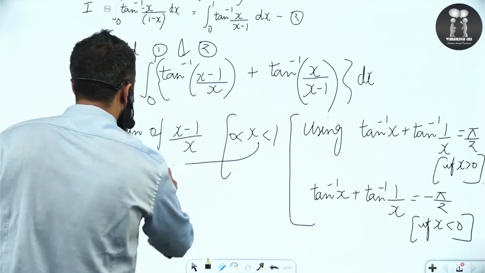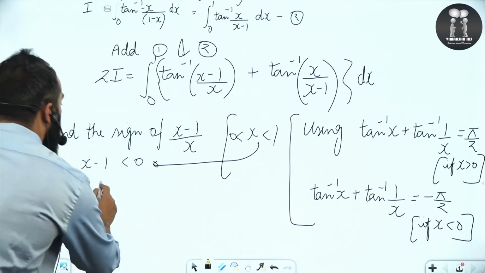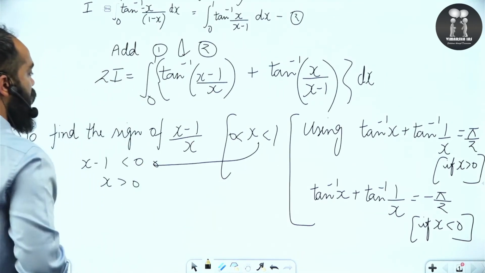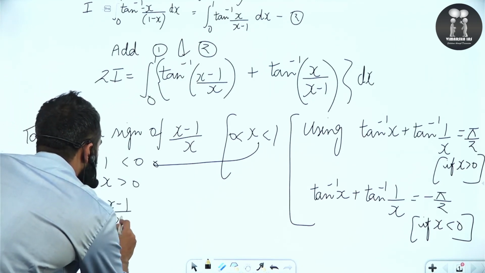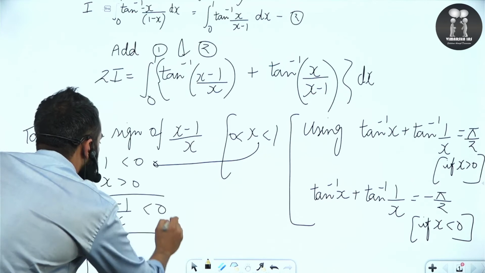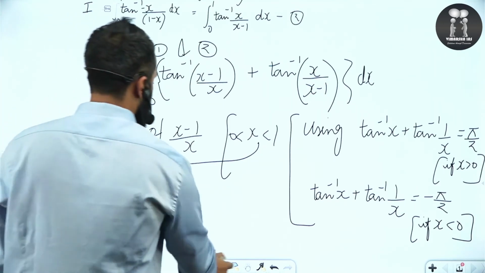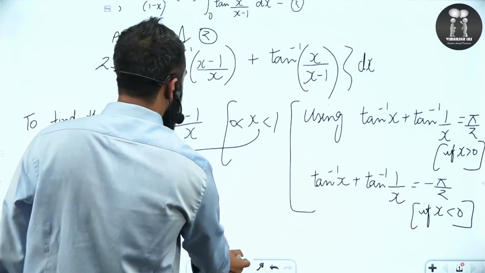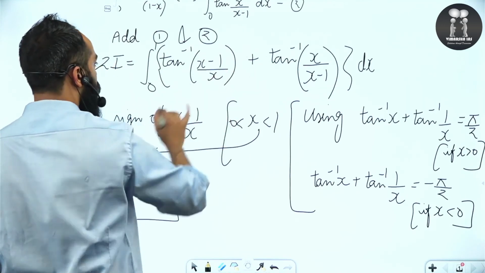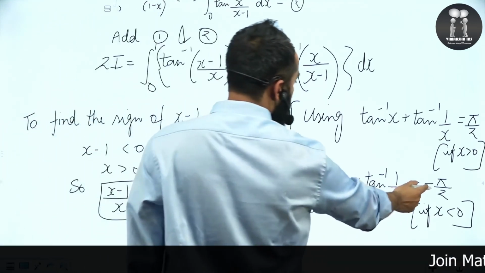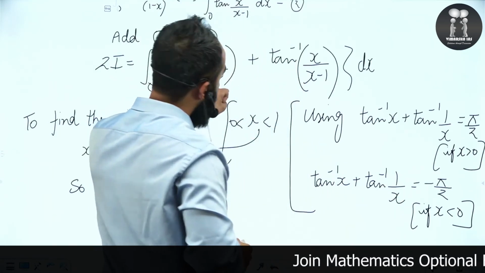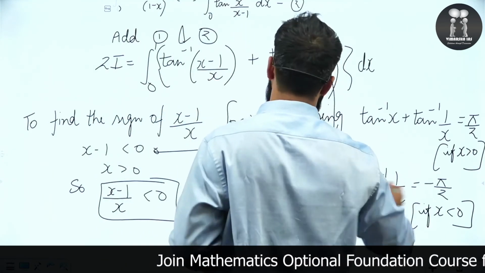You can see from here. And x is greater than 0. So x minus 1 by x will be less than 0. So from here the summation of this value will be minus pi by 2 because this domain is less than 0.